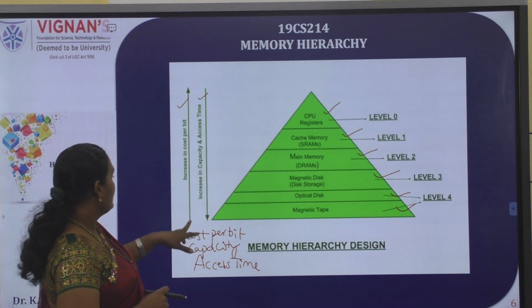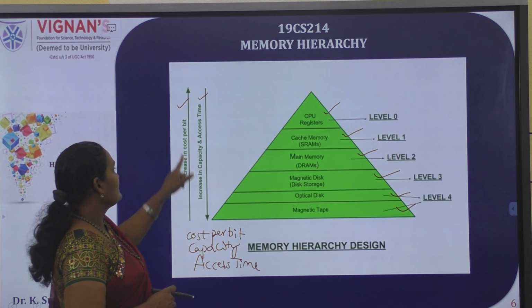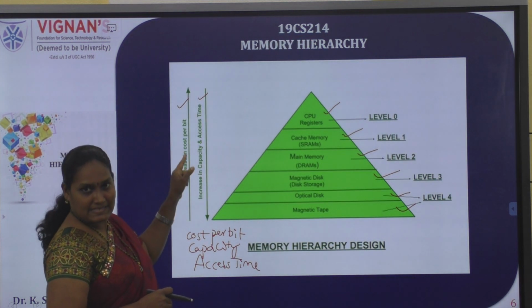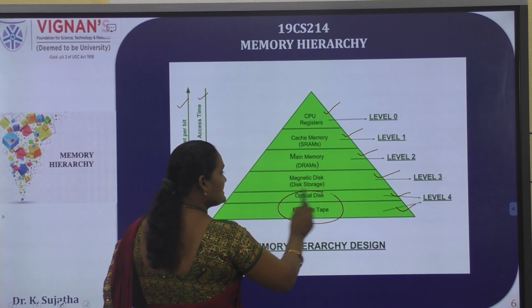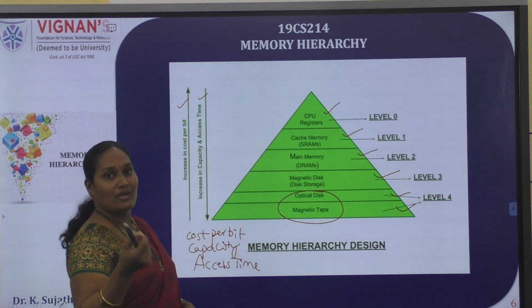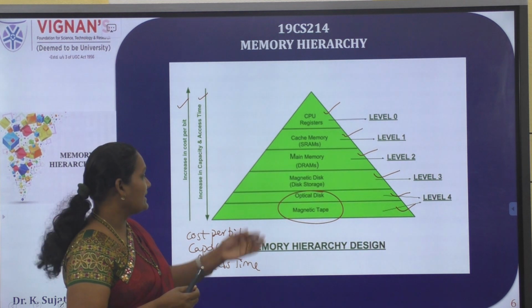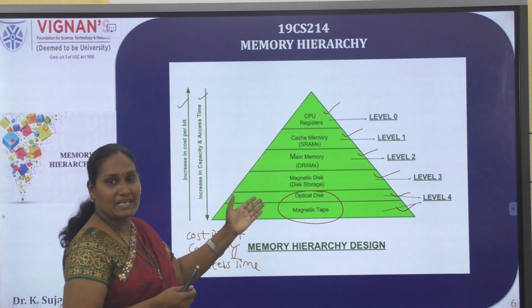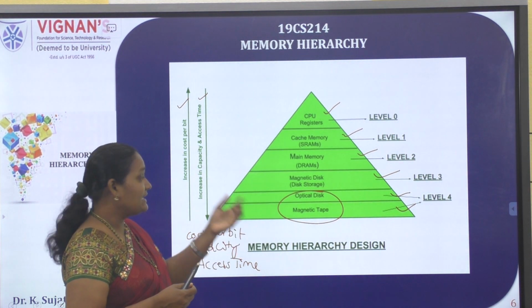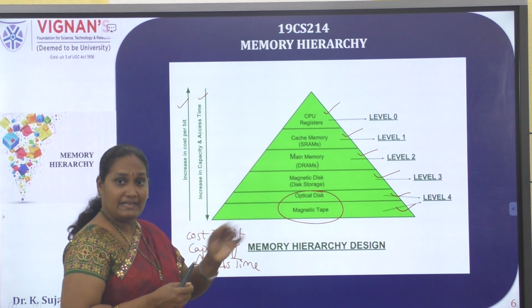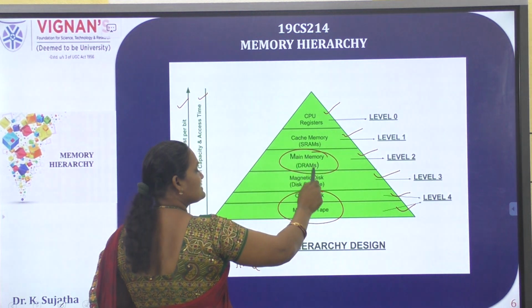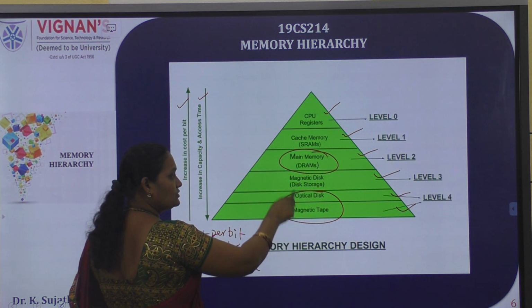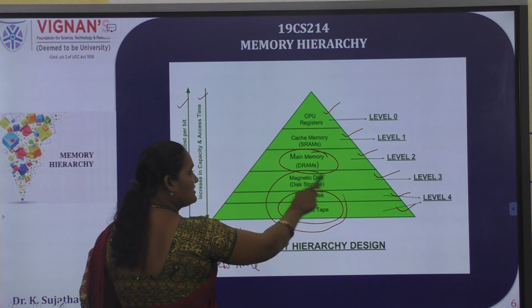Now let us see, from bottom to top, the cost per bit increases. That is, the secondary storage devices are available at lower cost, with lower price. Main memory is somewhat costlier compared to the secondary storage devices.